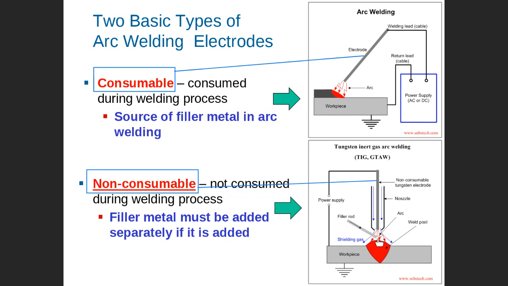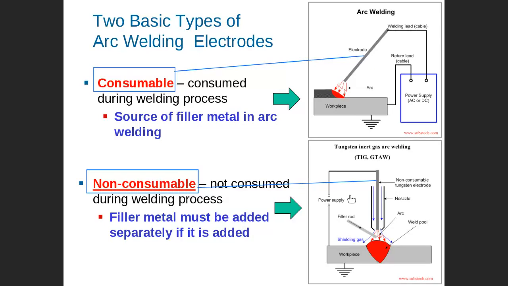Then when you do the welding process, the electrode will not be melted and deposited as filler material. So what we can do is add a separate filler material. The filler material must be added separately. This is a filler material.